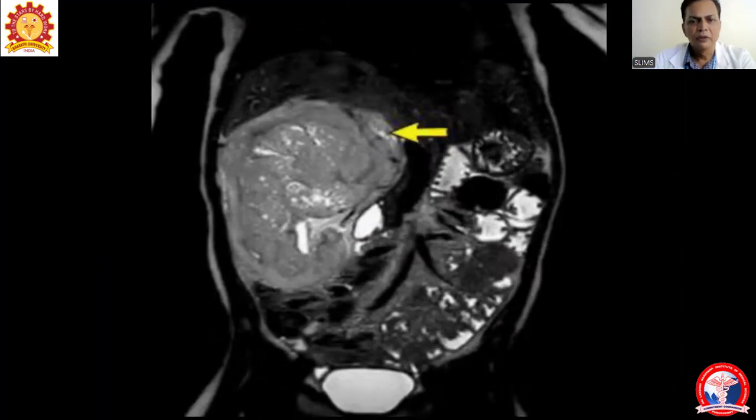Now here we have the same patient, a different level of cut, a coronal cut. First and foremost, this is an MRI image, coronal section, showing a large renal mass with thrombus seen in the renal vein.